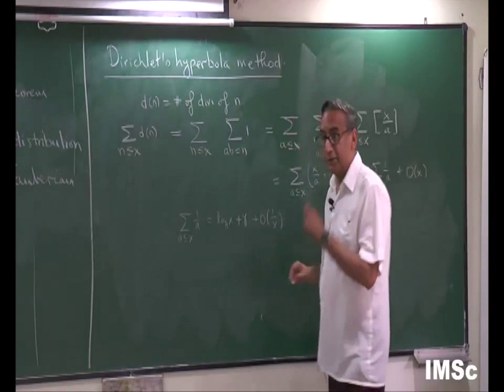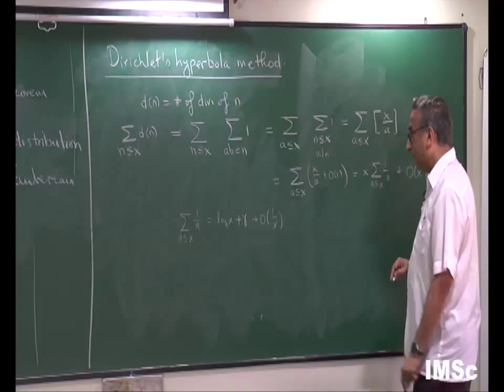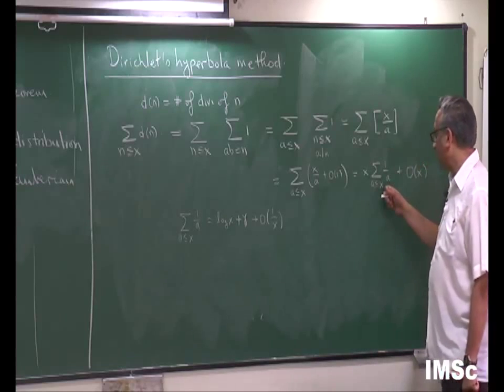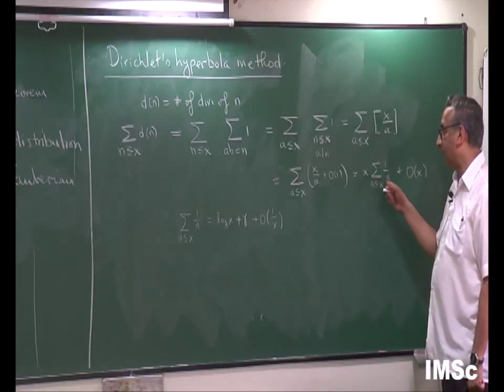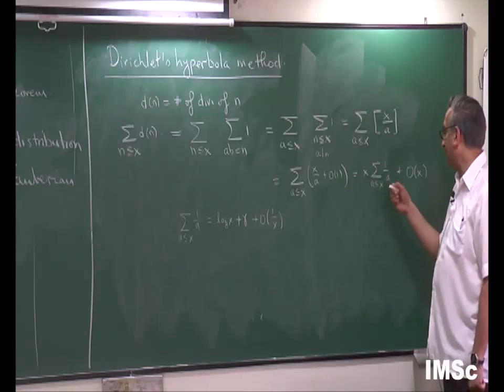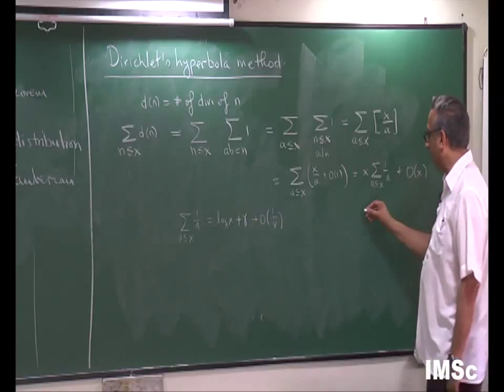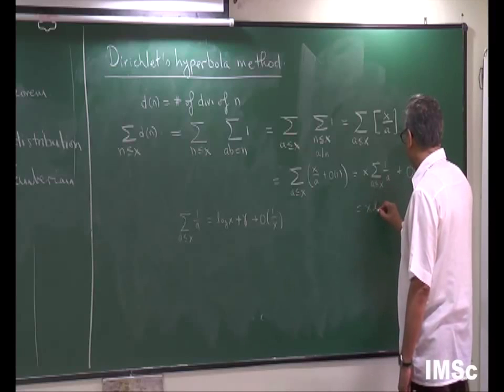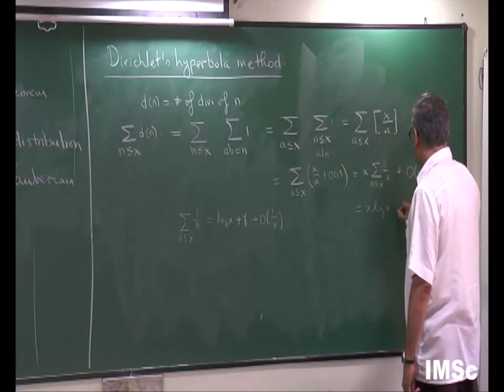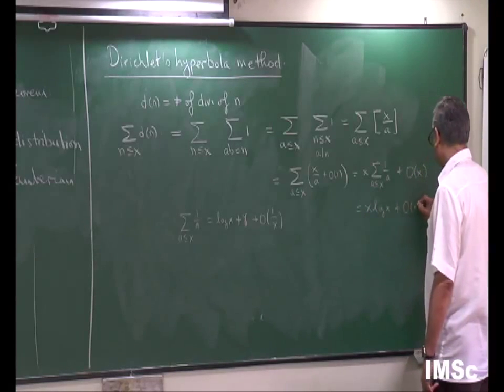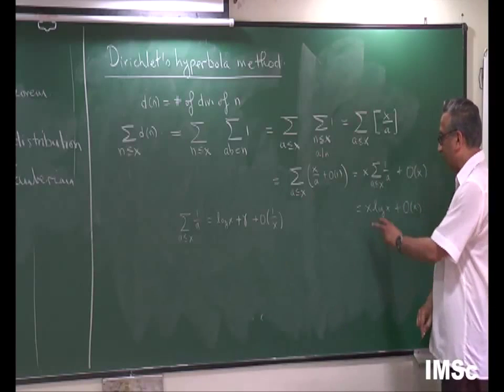If you do it carefully, you get something like this. So you can try to plug that in. So here, if I plug it in, I get x log x plus gamma x. Plus gamma x is absorbed here, so it's irrelevant whether you keep gamma or not. So you end up getting x log x plus O of x by this approach. Okay, which at least gives you the main term.